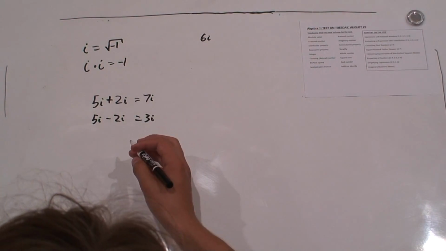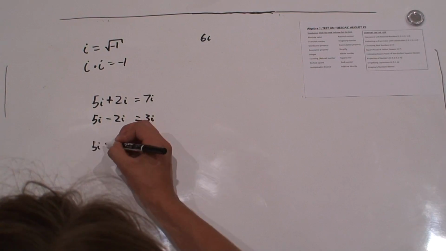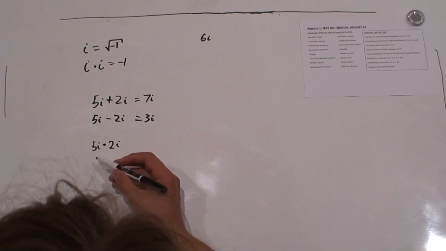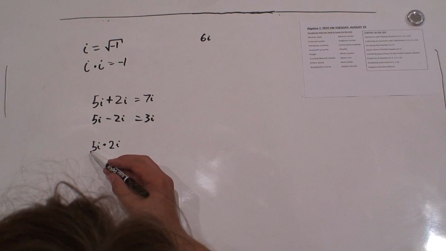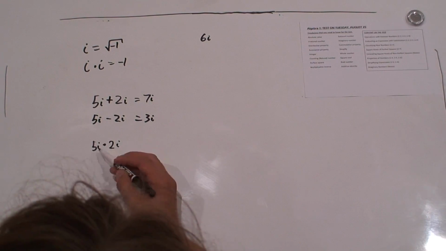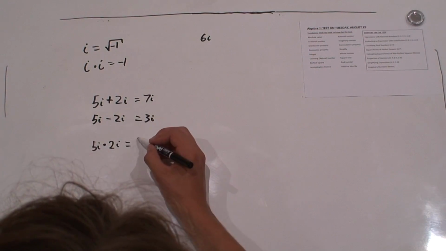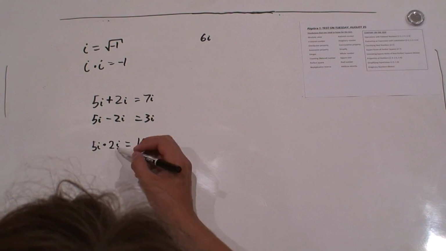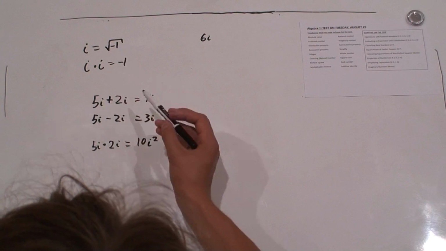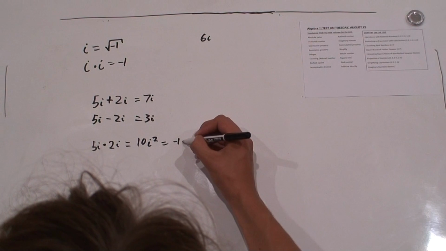Now, if you multiply them, 5i times 2i, you're multiplying these two numbers, but then you also multiply the i's together. So you take 5 times 2, which would be 10, then you have 2 i's together, which is i squared. And as we said up here, i squared, or i times i, is equal to -1. So that would be -1 times 10.